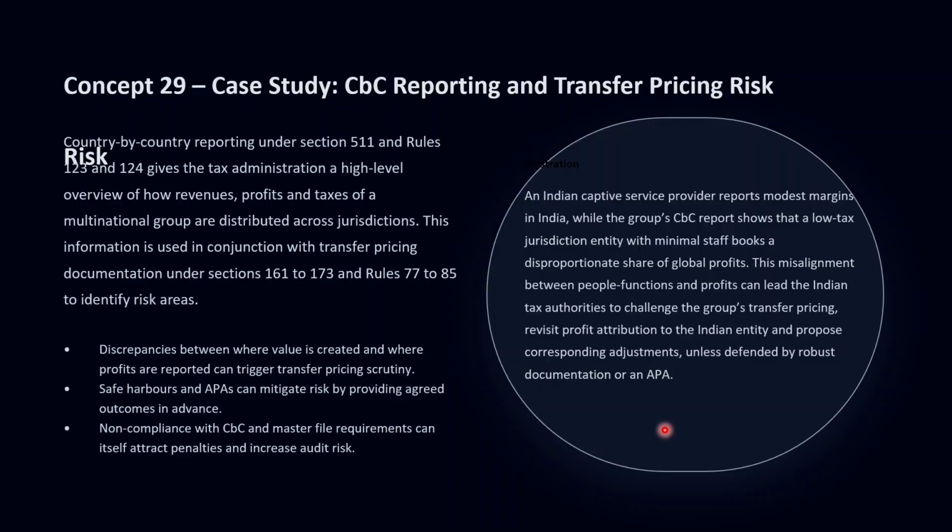This mismatch between the functional substance and the profit allocation can trigger detailed transfer pricing scrutiny in India, and the authorities may seek to attribute a higher share of profits to the Indian entity unless justified by robust or very strict transfer pricing documentation, safe harbors, or maybe advance pricing agreements, APAs.